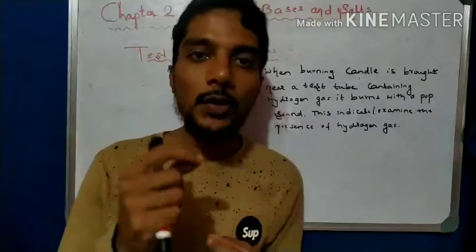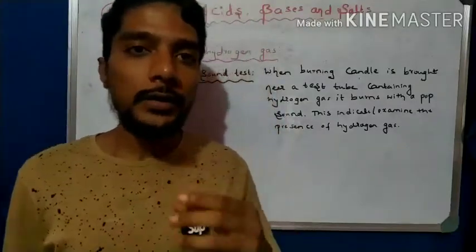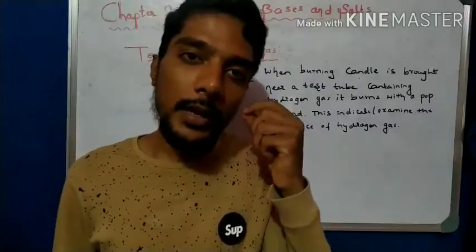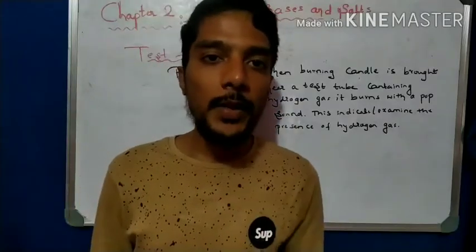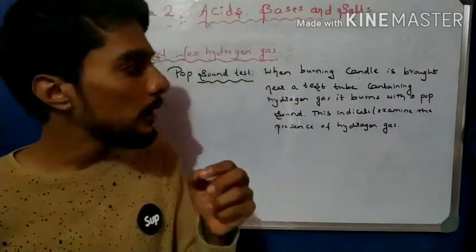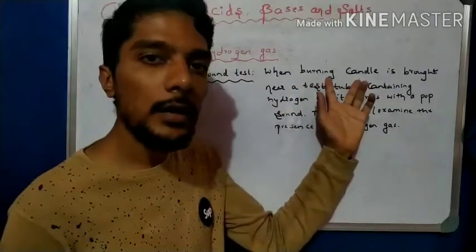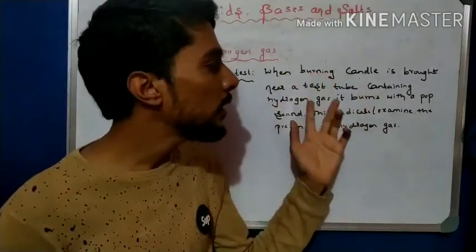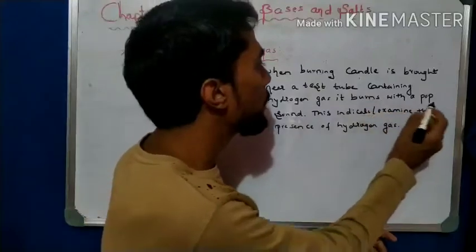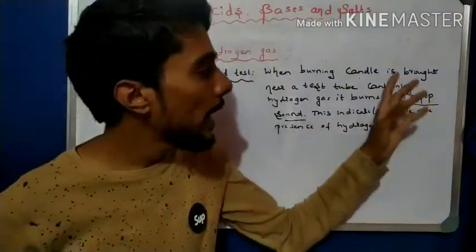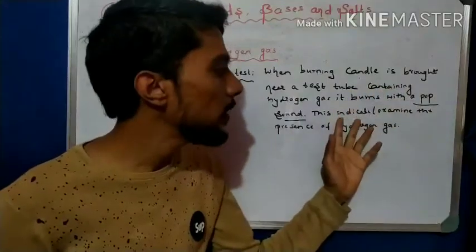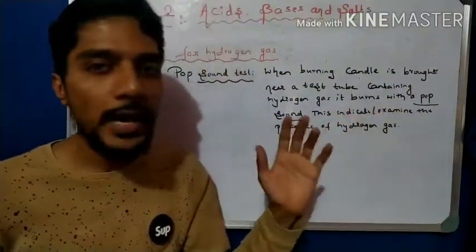In the last video I explained that when acids or bases react with a metal, hydrogen gas is liberated, and when that hydrogen gas is taken near a burning candle, it burns with a pop sound. That pop sound is the indication of the presence of hydrogen gas.